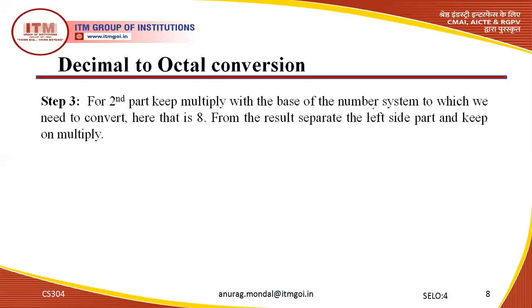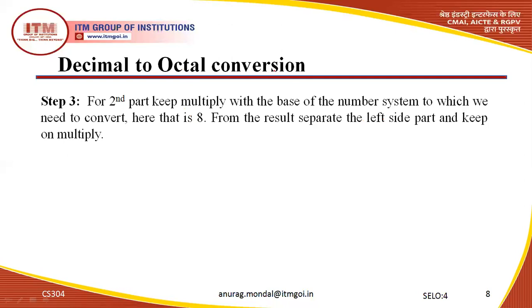Step 3, we have to multiply the second part with the base of the number system to which we want to convert, that is here the octal number system we want to convert from the decimal one. So we need to multiply the second part with 8, the base. Now in the results, separate the left side and keep on multiplying.